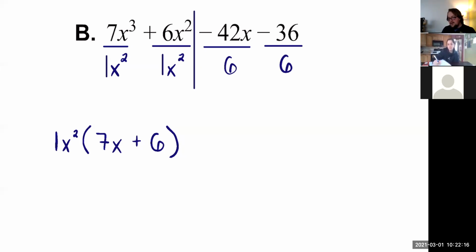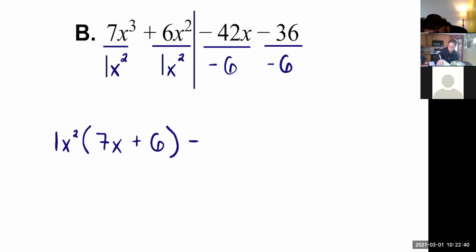Right now, if I were to divide negative 42x by positive 6, I would get a negative 7x. I'm really hoping it's a positive. So instead of keeping it a positive 6, we could instead divide by a negative 6, and hopefully that'll adjust both the signs to my favor.